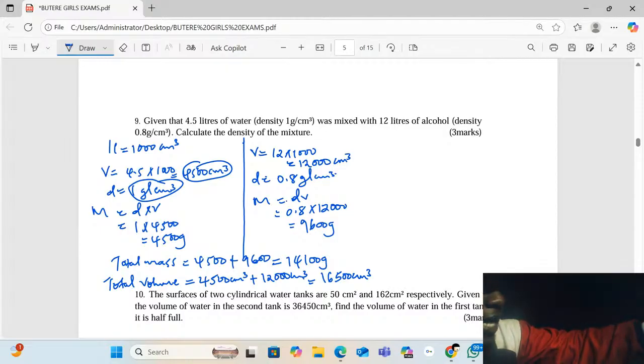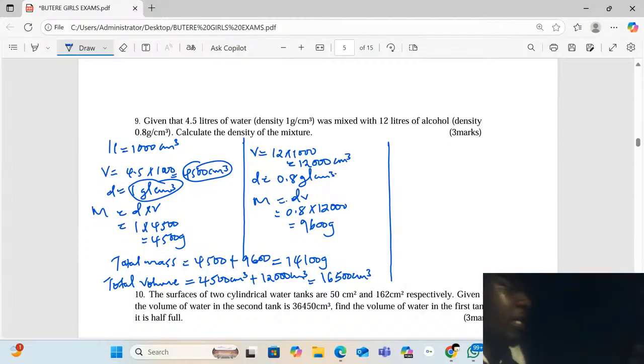Our question asks us to find the density of the mixture. Now, to find the density you take mass, the total mass, over volume. So the total mass is 14,100 grams divided by the total volume, 16,500 cubic centimeters.